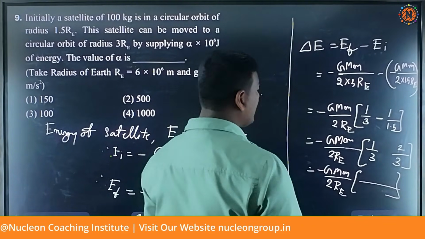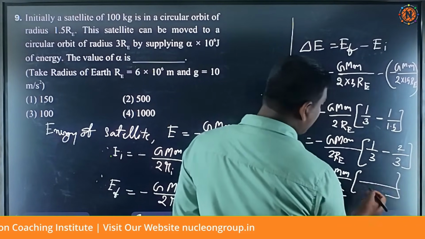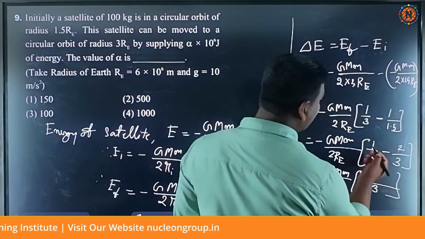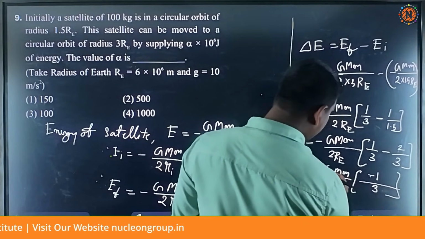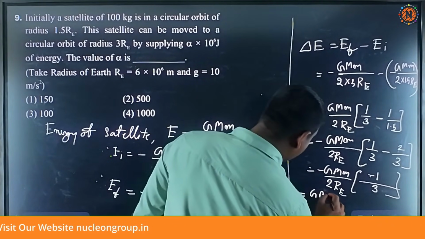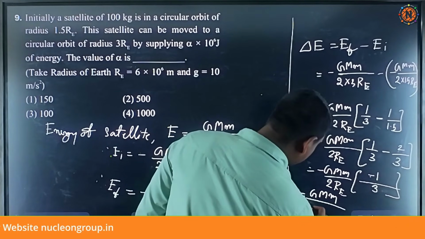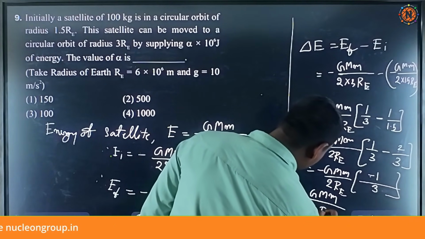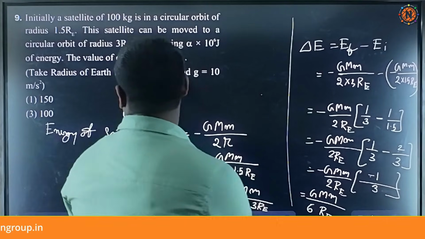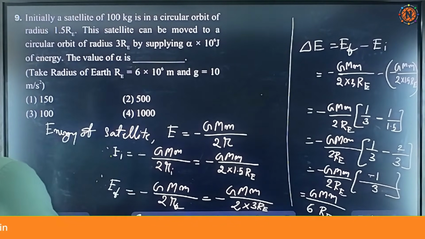Yes. Okay. So this will be this. So if you take 3 LCM, so 1 minus 2 will be minus 1, and this minus will be plus. So GMm by 6 Re. Okay. Now we need to find.